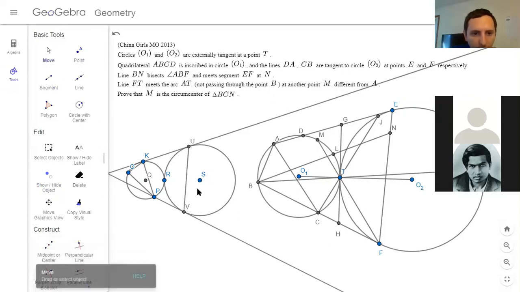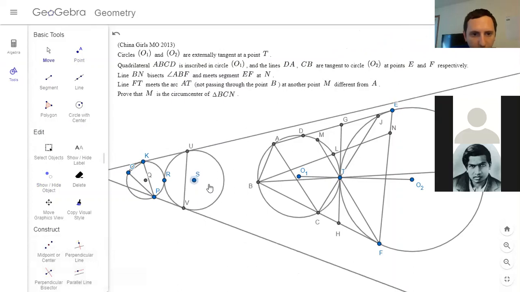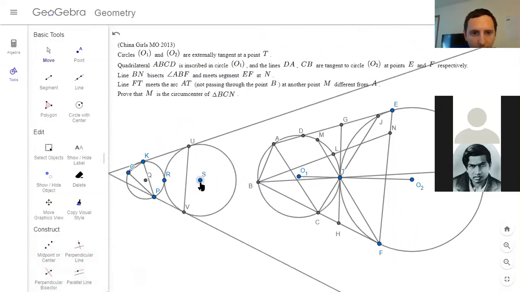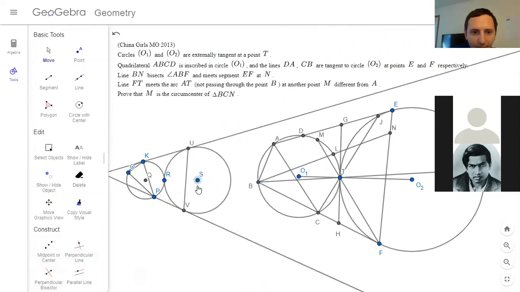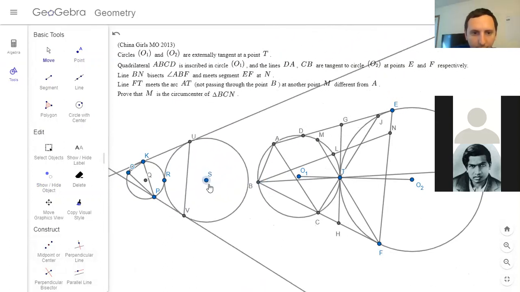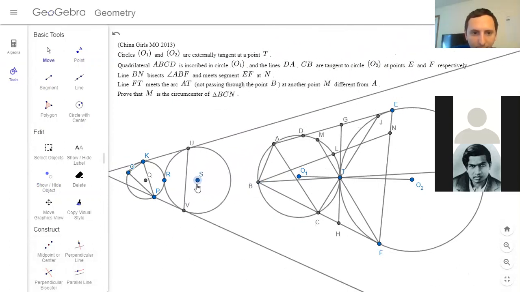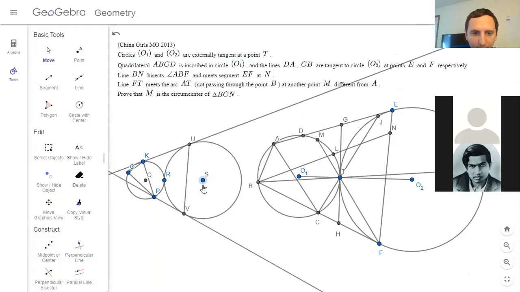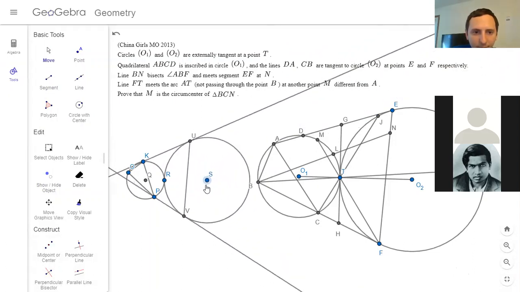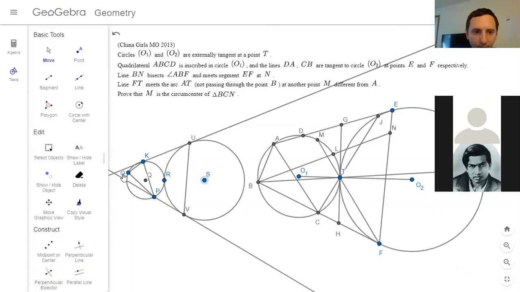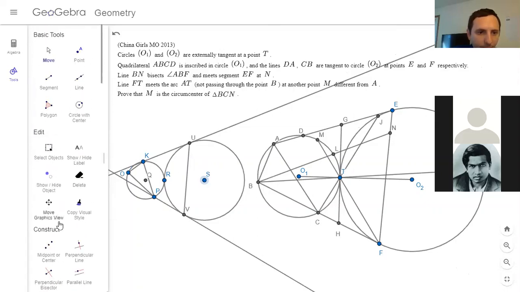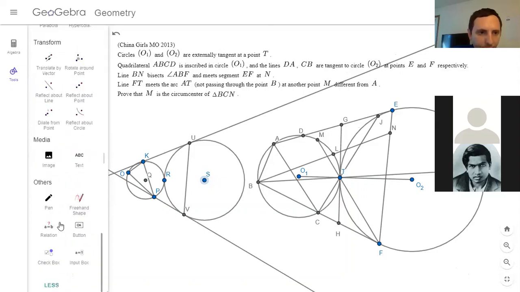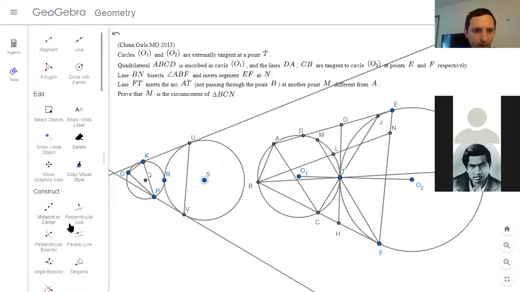So as I move S left and right, I wonder if this is the same line. It looks like the line UV stays the same, right? Is that obvious? So I'm going to draw the excenter. One sec, I'm going to look at the chat in just a second.